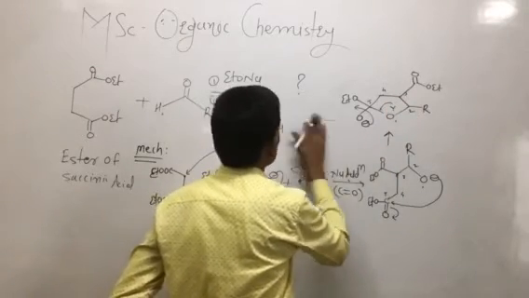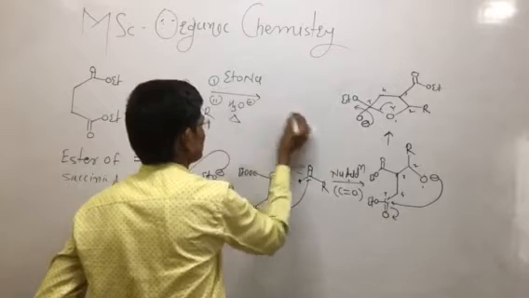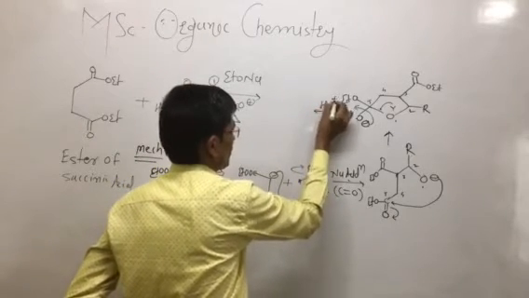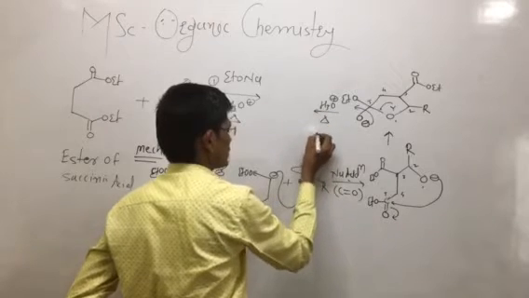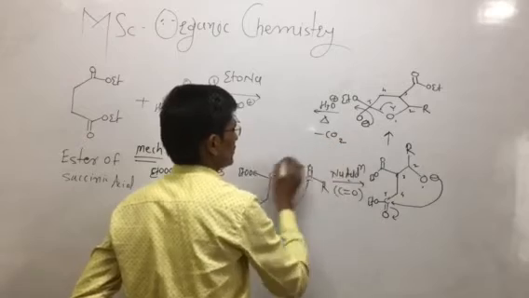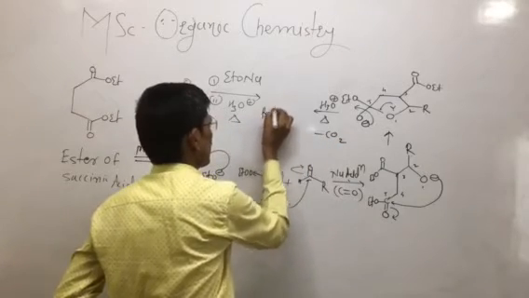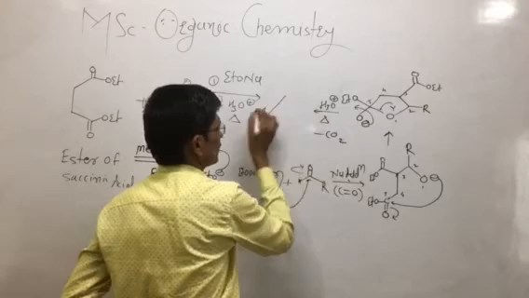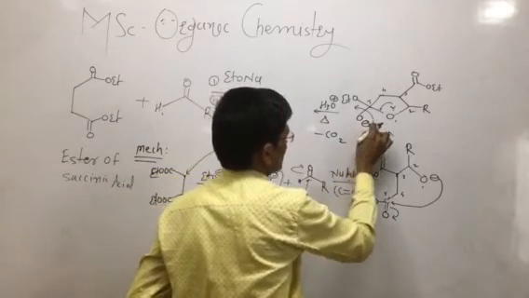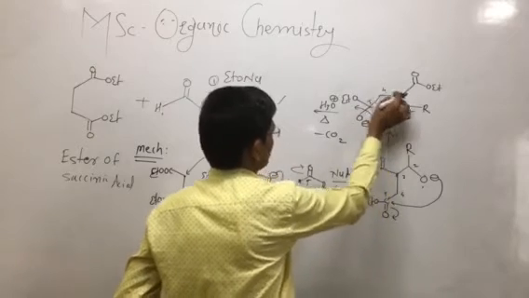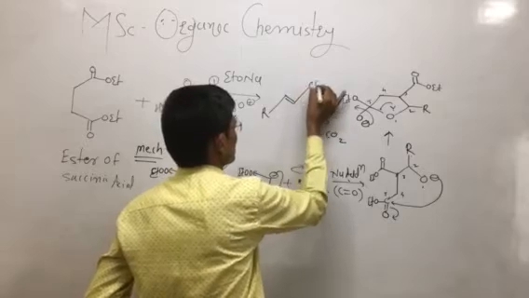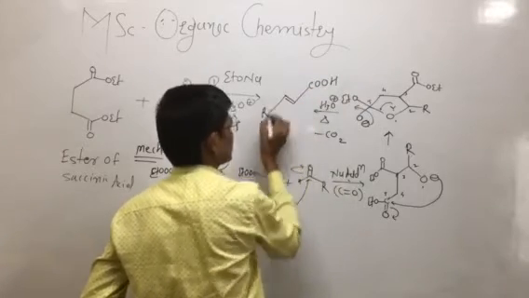Then, hydrolysis, the final step. Hydrolysis in acidic condition, and the last step, loss of carbon dioxide. So there is formation of R here, R. Then this C double bond O, OEt, loss of hydrogen, and the double bond is formed here, COOH.